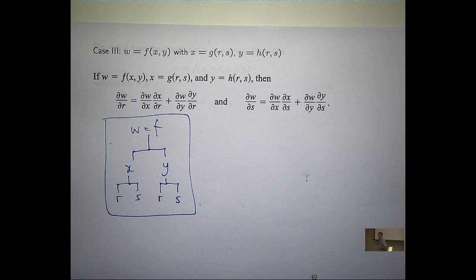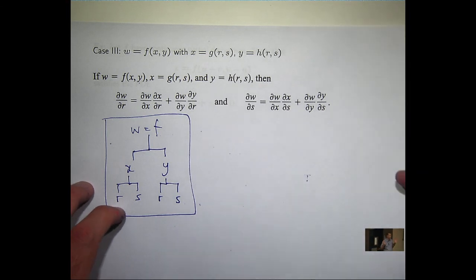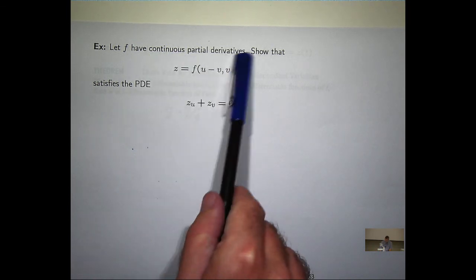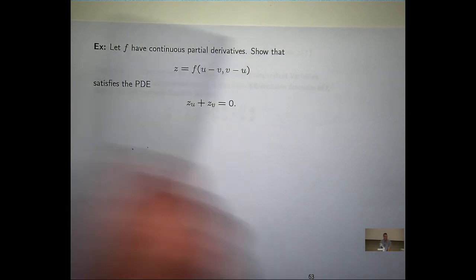Let's have a look at how you can use this particular version. Again, this is a really good example too. This is like maybe class test 1 type worthy. So let f have continuous partial derivatives, in other words, f's differentiable.